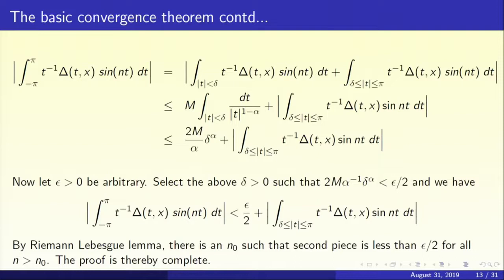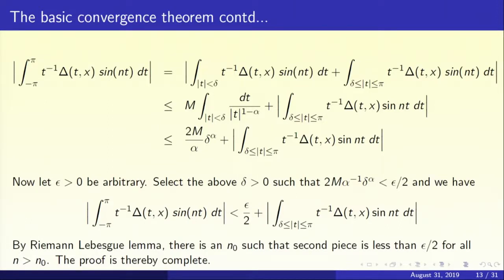The second piece, I am keeping as it is, I am not touching the second piece. Now, the first piece can be integrated. It's an even function. You are integrating an even function over minus delta to delta. So it will be twice M times the integral of dt by t to the power 1 minus alpha from 0 to delta. Just complete the integration.